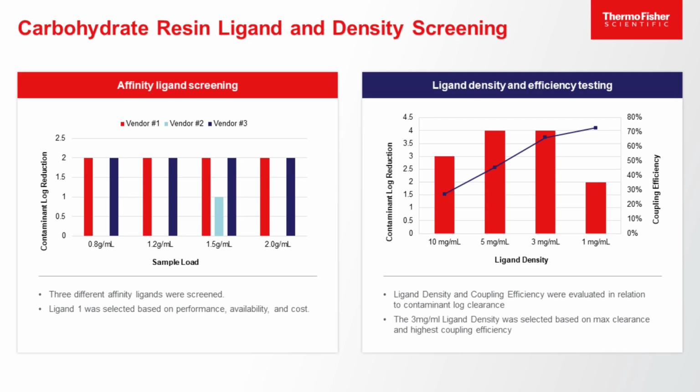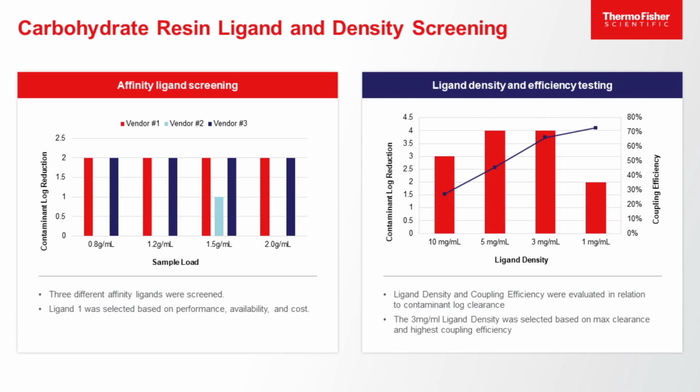Second, on the right, we did ligand density and efficiency testing. Again, on the left-hand side of this right graph axis, you can see the contaminant log reduction. And on the right-hand side, you can see your coupling efficiency. Of course, coupling efficiency, very important for your cost of goods of the affinity resin, because that determines how much ligand you actually would need as a function of the ligand density.